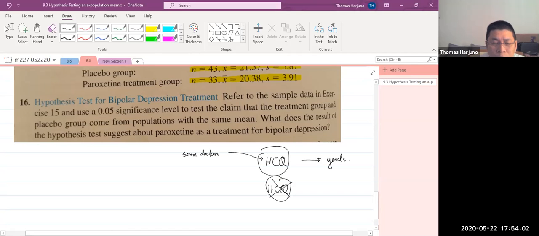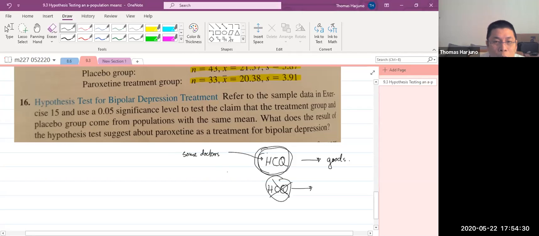Now, once they did the control group, they found out that the recovery rate for those without that malaria drug is actually worse compared to those given the quote-unquote standard treatment. The standard treatment is not using this.